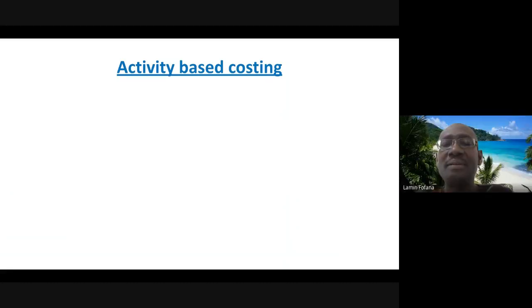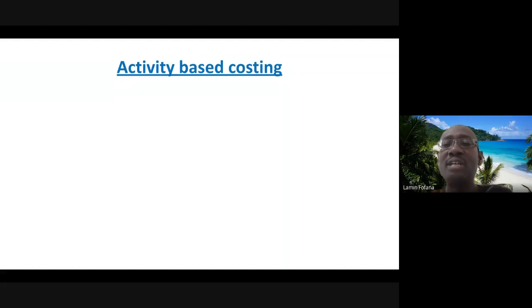Yeah, last class we did absorption costing. We have two products, product A and product B. We calculated the OAR by using the cost elements, direct materials, direct labor. Not actually.